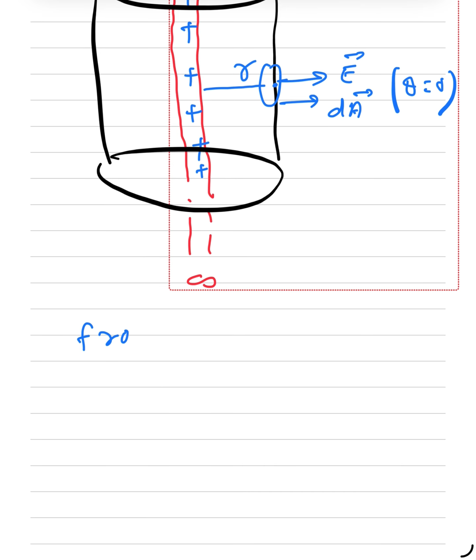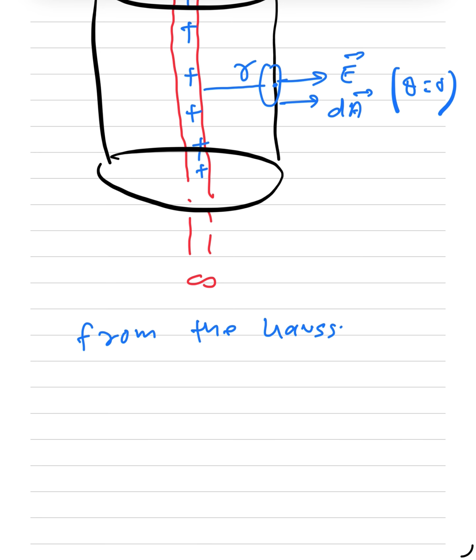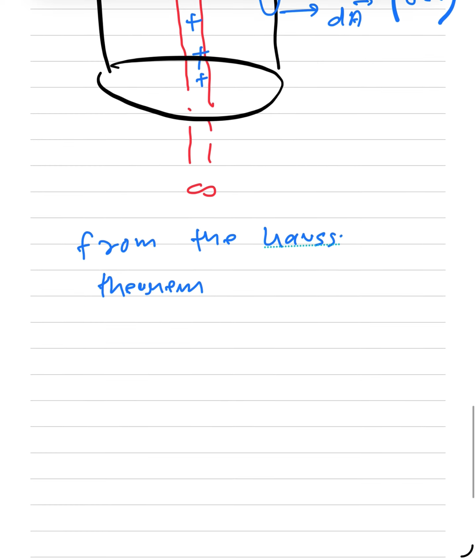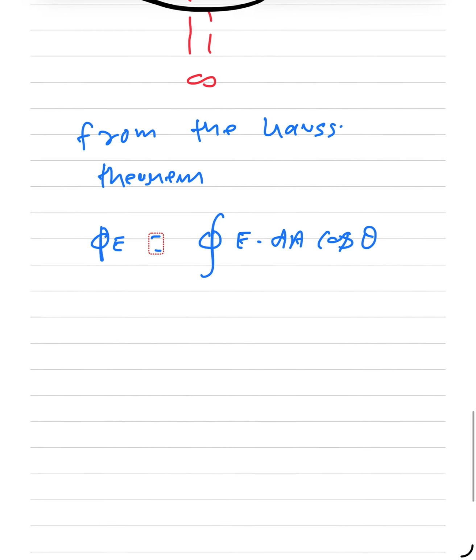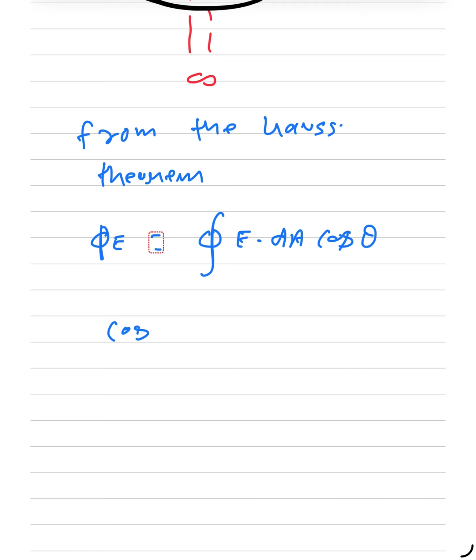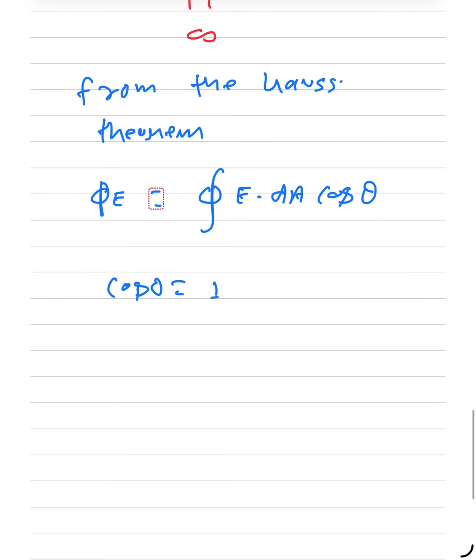From the Gauss theorem, right, electric flux phi E equals integration E dot dA cos theta, and here theta is equal to 0 degree and cos 0 equals 1.